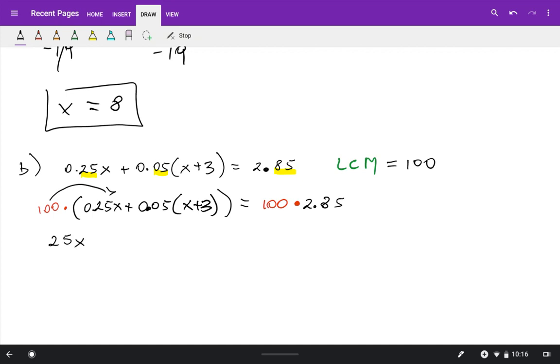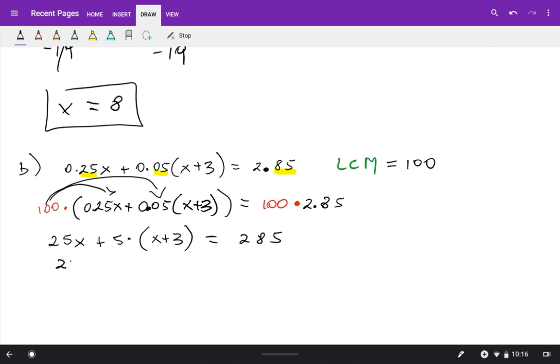Here, since we have multiplication, it will actually be faster if you multiply 100 by 0.05, that will give you 5, and just copy the parentheses x plus 3. Okay, equals 100 times 2.85, 285.